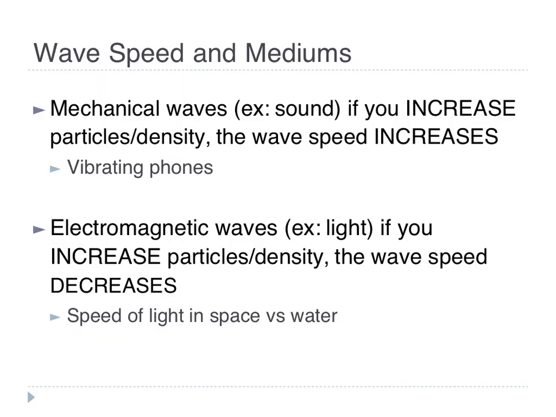So remember, waves will travel at different speeds when they move through different mediums. For an electromagnetic wave, like light or UV, electromagnetic waves can travel through a vacuum. They can travel out in space. So that's actually where they're going to travel the fastest. Electromagnetic waves do not need a medium.